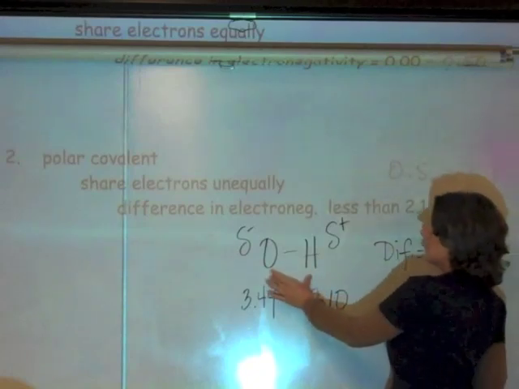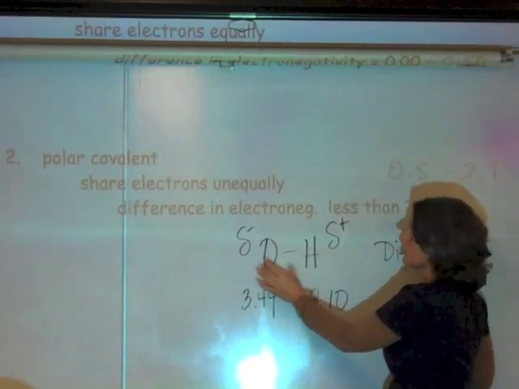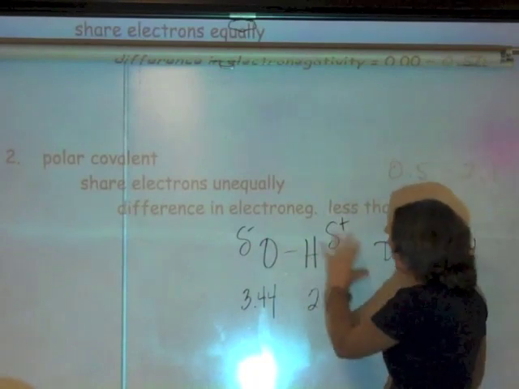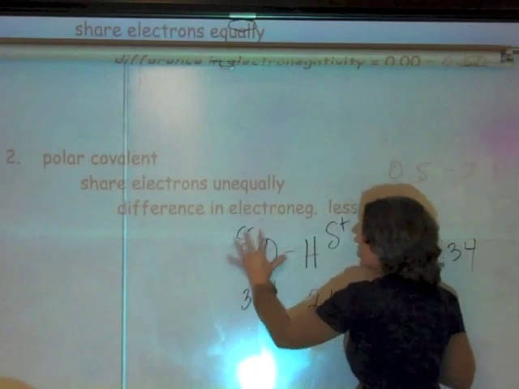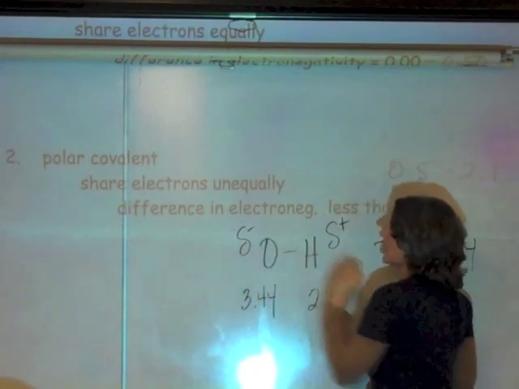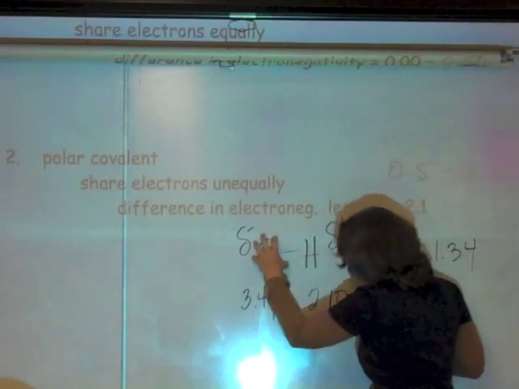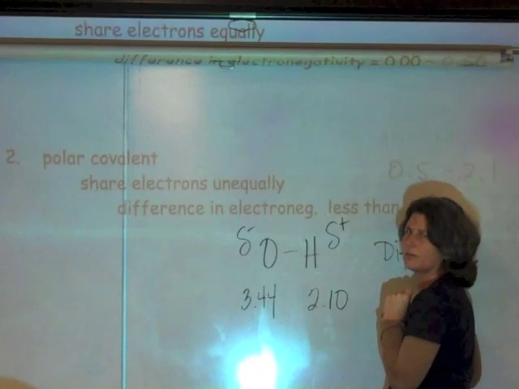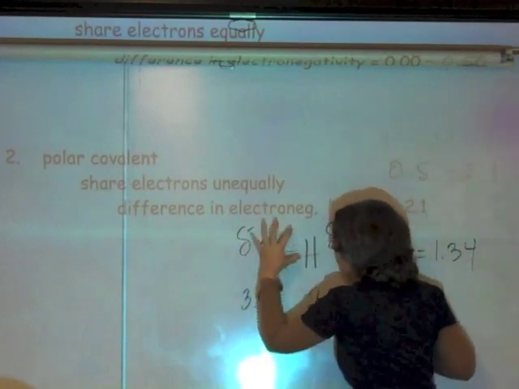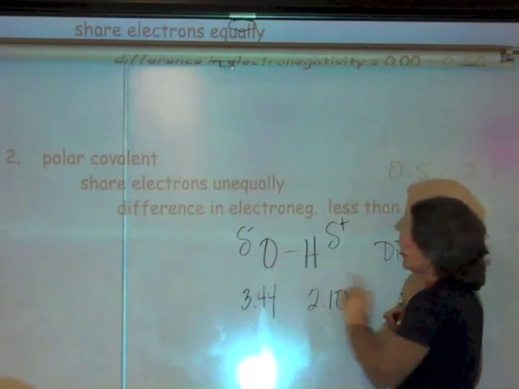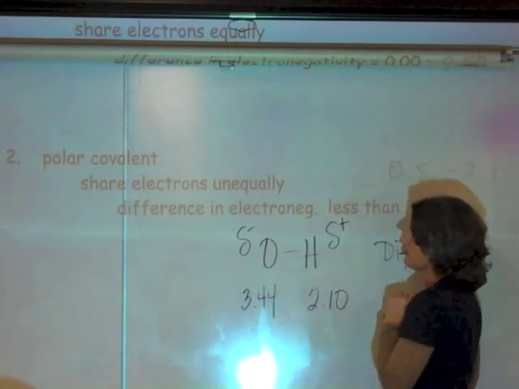So it's a polar bond. It's got two poles, a negative pole and a positive pole. And what that tells us, you guys, is the pair of shared electrons, that cloud of negative charge, is sitting over here more than it's sitting over here. It's localized more here than it is here.